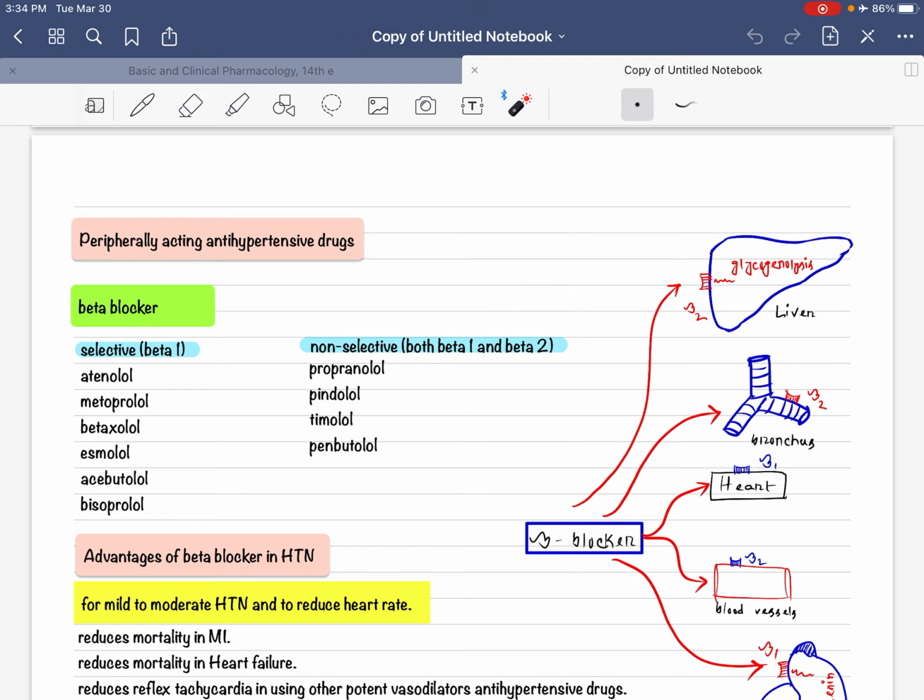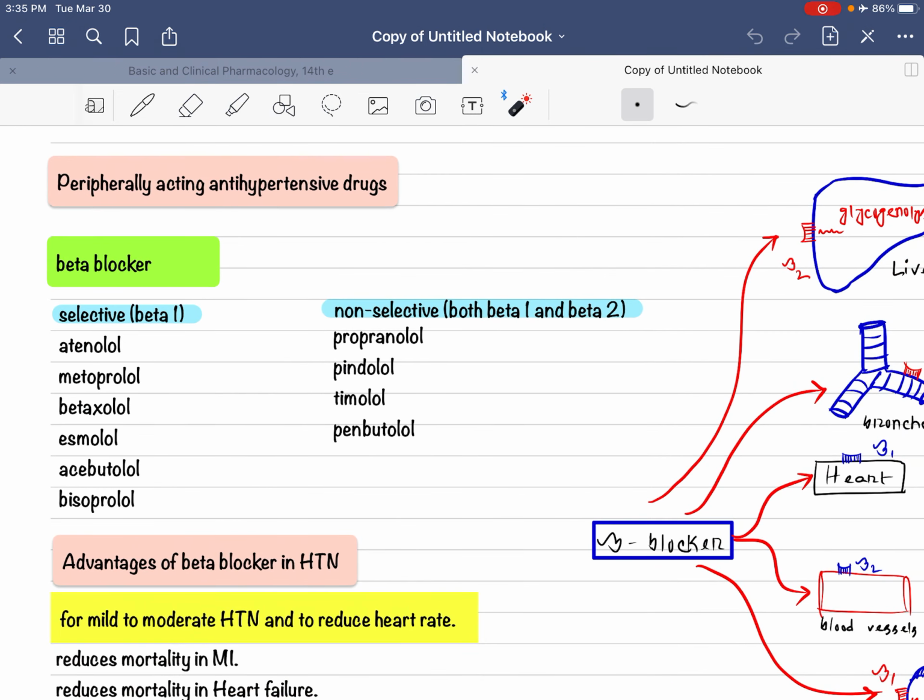Drugs that only block beta 1 receptors are called selective beta blockers, and drugs that block both beta 1 and beta 2 receptors are called non-selective drugs. You can always think that non-selective drugs have more adverse effects because they block all of the receptors non-selectively.